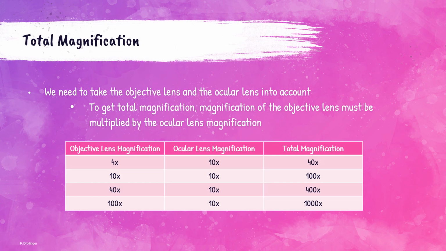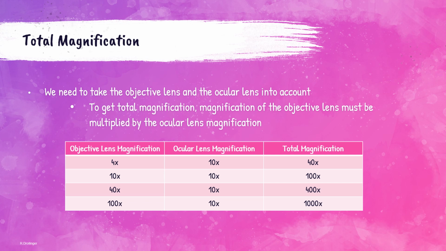All right, so we've talked about the objective lens and the ocular lens. So we need to take both the objective lens magnification and the ocular lens magnification into account to determine what the total magnification of the specimen is. To get total magnification, the magnification of the objective lens must be multiplied by the ocular lens magnification.